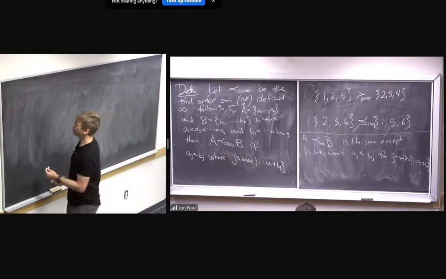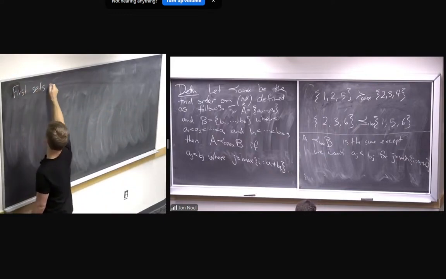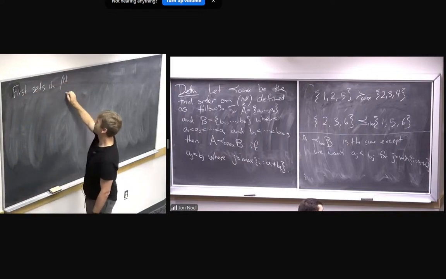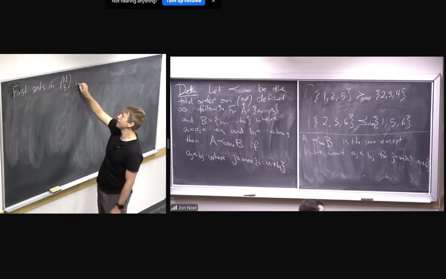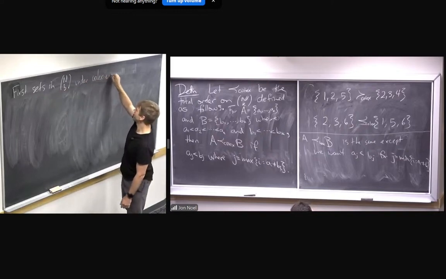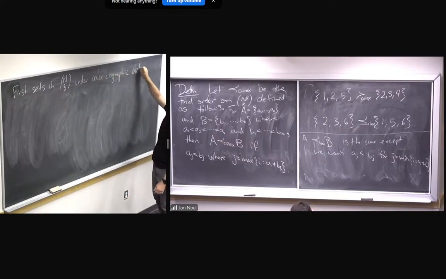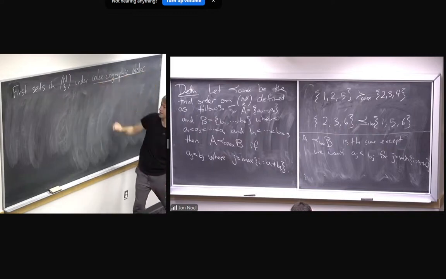So if I do the first sets in, let's say, naturals choose 3 under colex, colexicographic. I'll write it down properly once. So that's the long way of saying it.